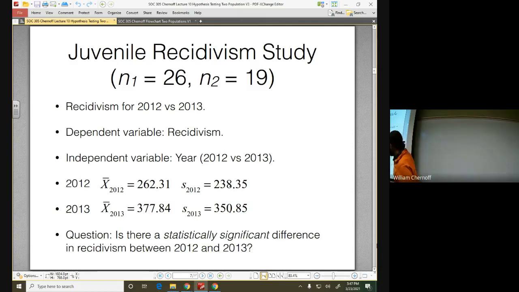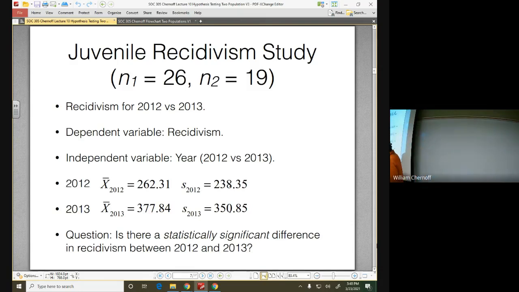And then I've got 2 samples of data, and I've crunched some statistics. So we get a sample mean for 2012, sample mean for 2013. We have a standard deviation for 2012, and a standard deviation for 2013. But here's the deal. Just looking at the sample statistics, it's hard to know for certain whether the average recidivism for 2013 is different from 2012.